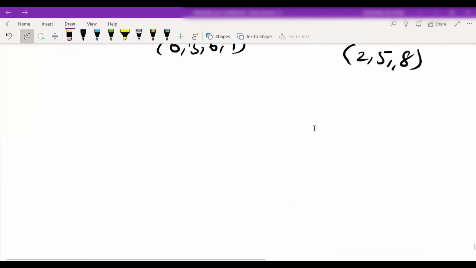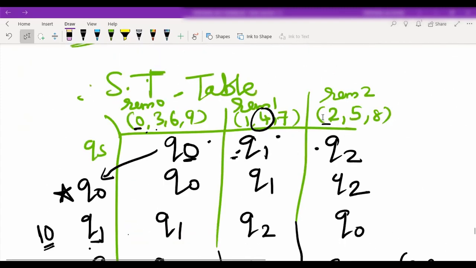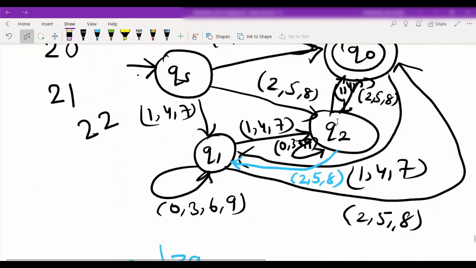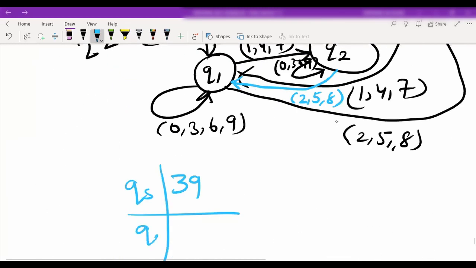Now suppose we want to check a number we have not taken, for example 39. So we'll check it with the states. QS on 3, where is it going? QS on 3 goes to Q0. Which digit is remaining? Digit 9 is remaining.